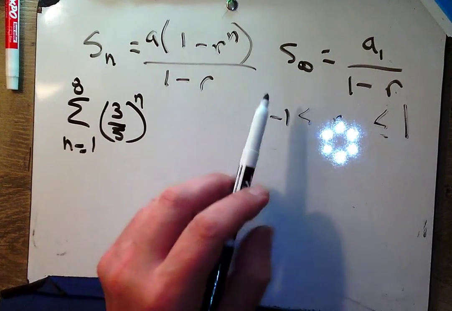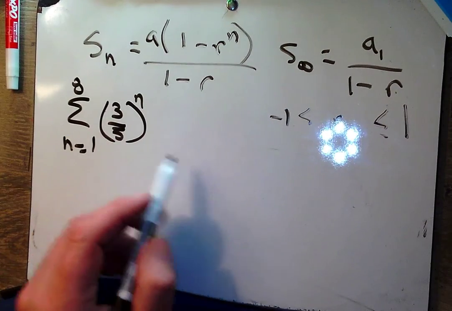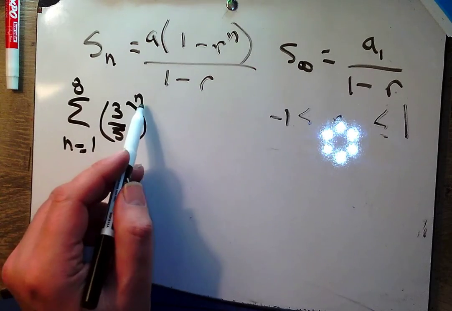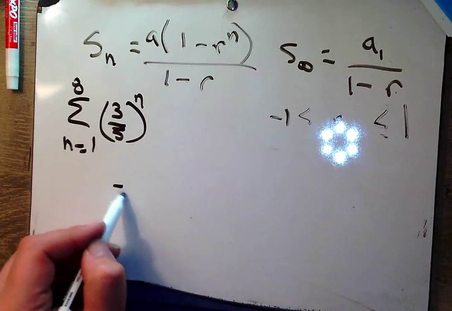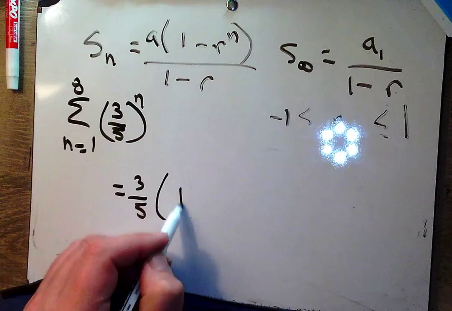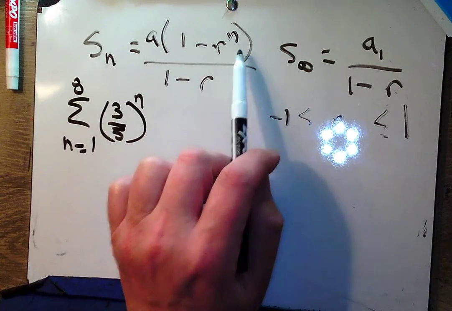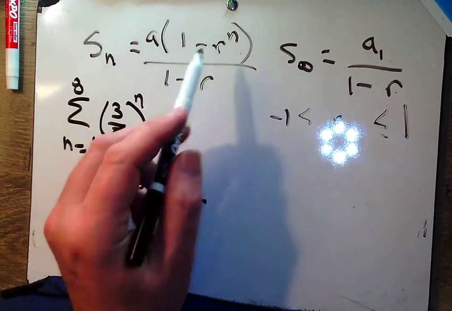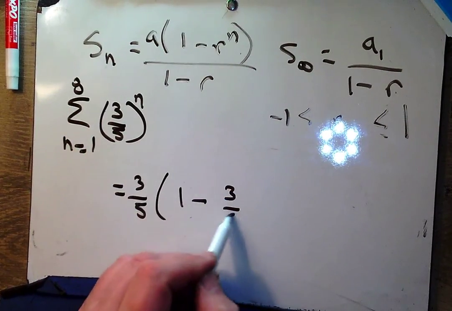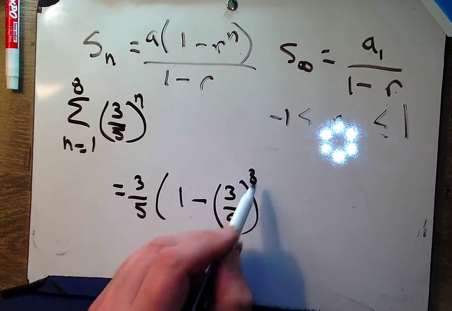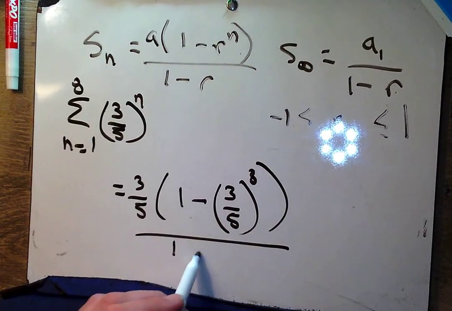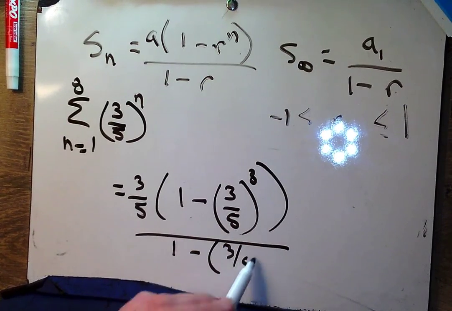Okay, so my r is 3/5. My a sub 1, if I plug a 1 in there, I also get 3/5. So 3/5 times 1 minus, oh, that's a sub n, that's 8. So 3/5 to the 8th over 1 minus 3/5.